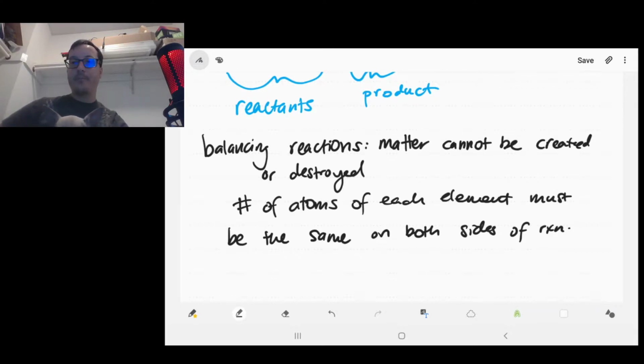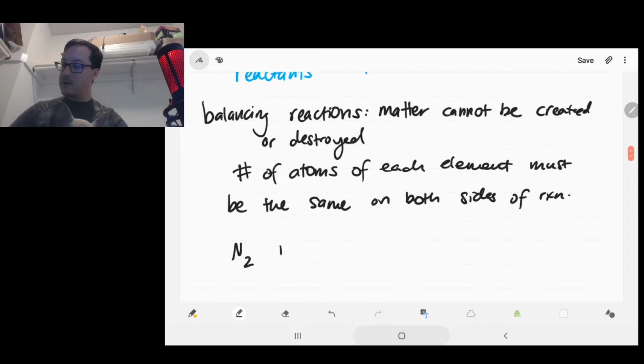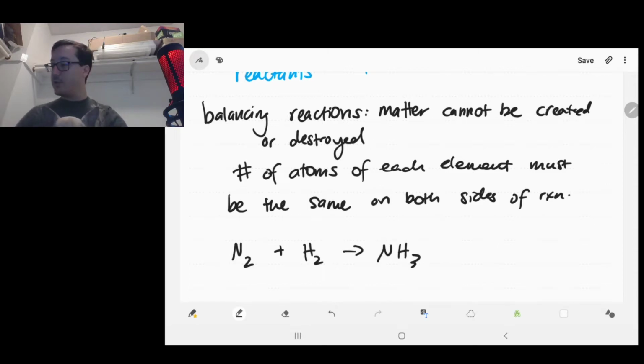So if we take a look at this reaction that I've given us, we have N2 plus H2 turns into ammonia. What we need to keep in mind is we can't mess with these compounds.